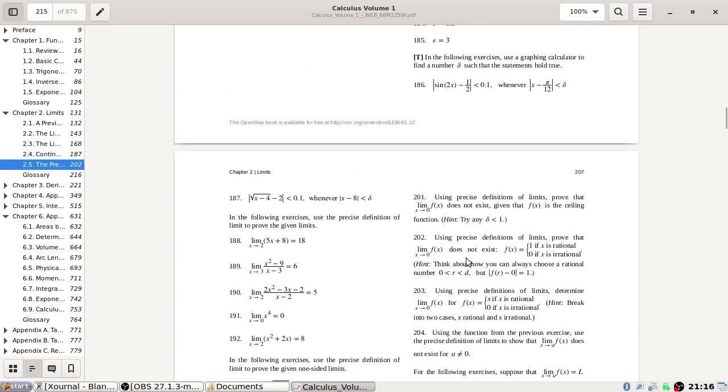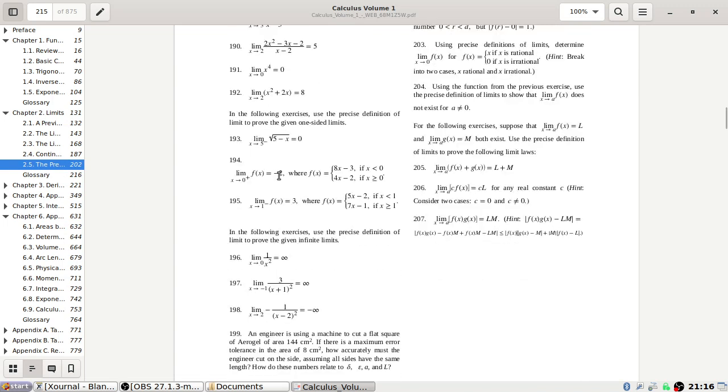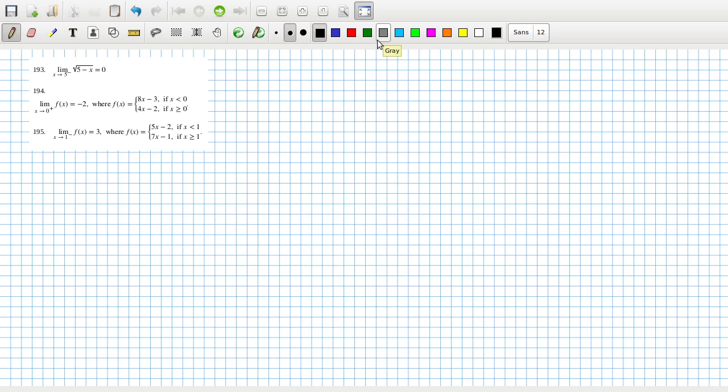Quadratic. Okay. Sorry, I was just copying that over. So, right. 193.